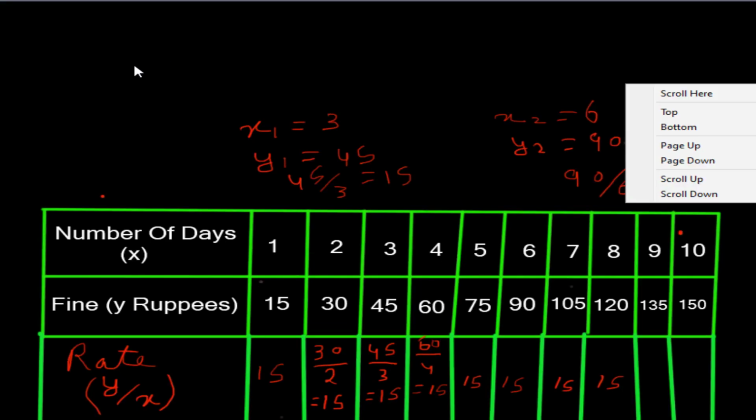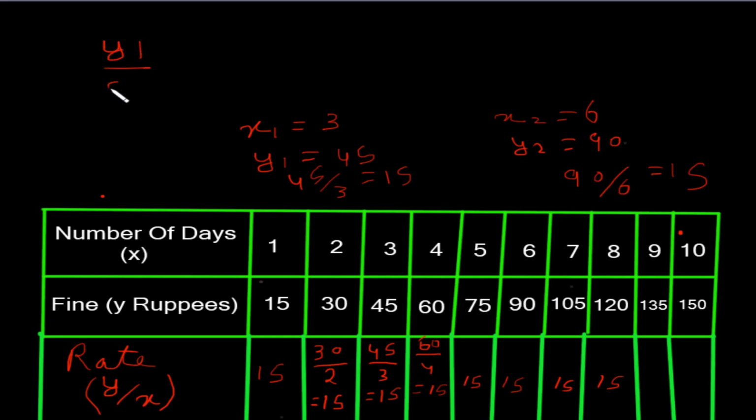So y sub 1 divided by x sub 1 is equal to 15, and I can also write y sub 2 divided by x sub 2, which is also equal to 15. So in short, I can write y sub 1 divided by x sub 1 is equal to y sub 2 divided by x sub 2.